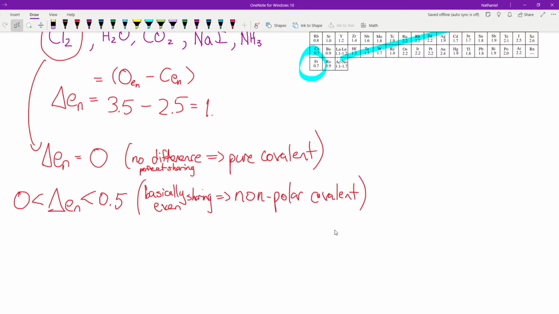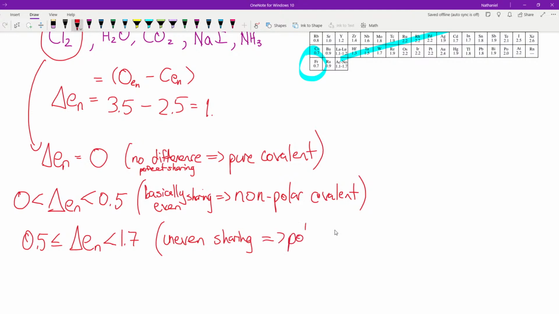Okay. So then on our scale from 0.5, and that includes 0.5 all the way up to about 1.7, I think the number is 1.7. This is polar, so uneven. So it's still sharing, okay? But it's uneven sharing. There's one clear winner, okay? So that's polar covalent.